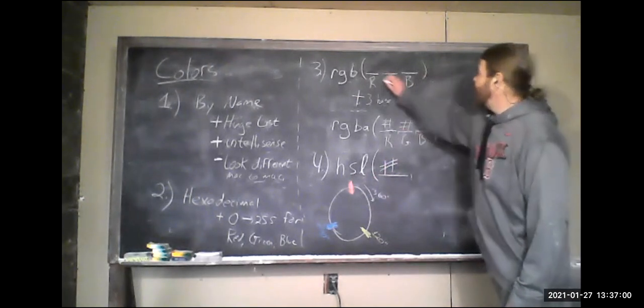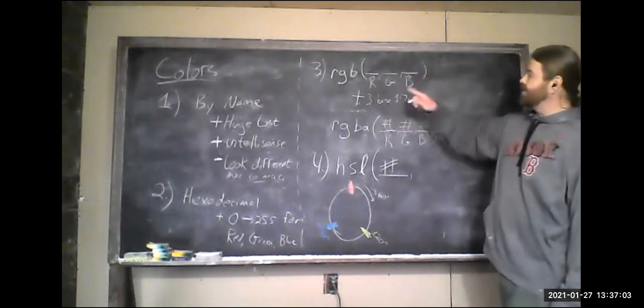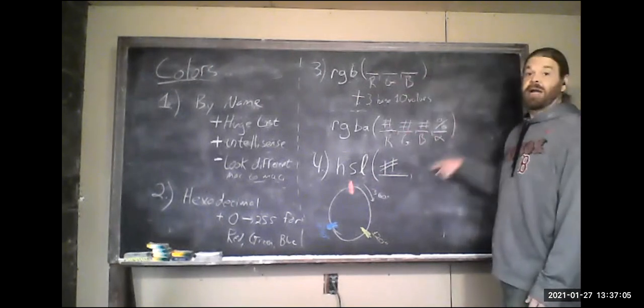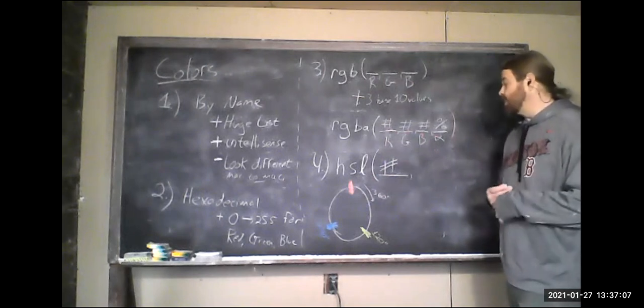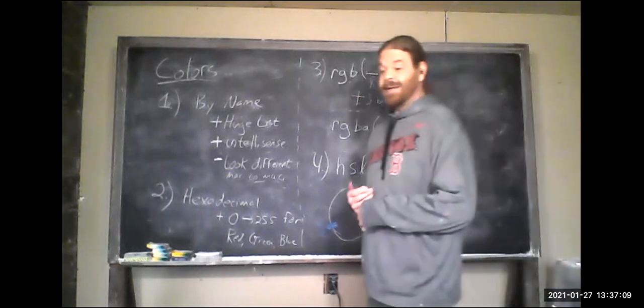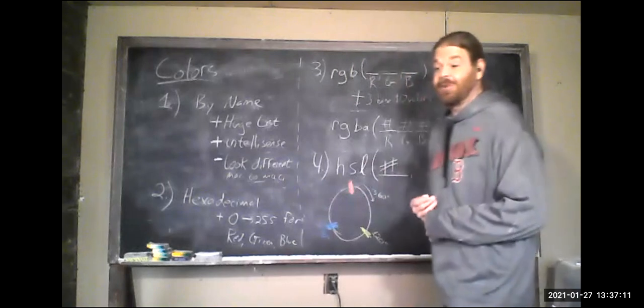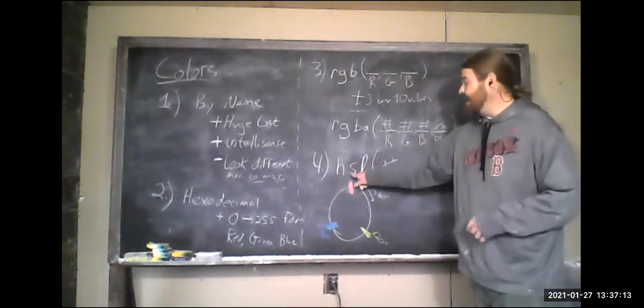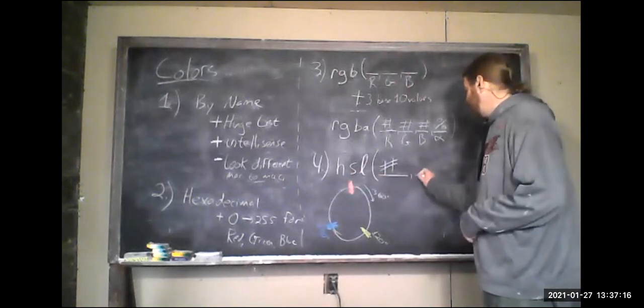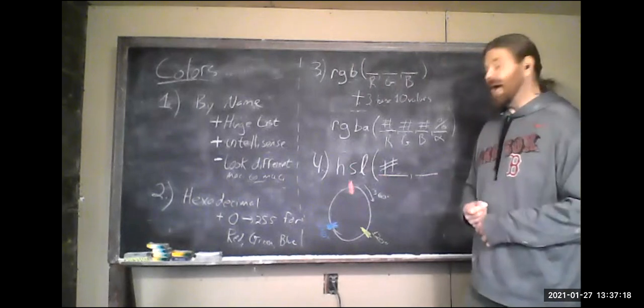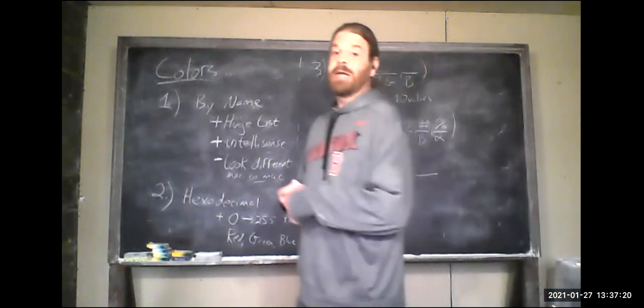Oh yeah, and I didn't write on the board, sorry. There should be commas separating all these blanks. But again, we'll see this in an example very shortly. The second number, the saturation, is how dense that color is.